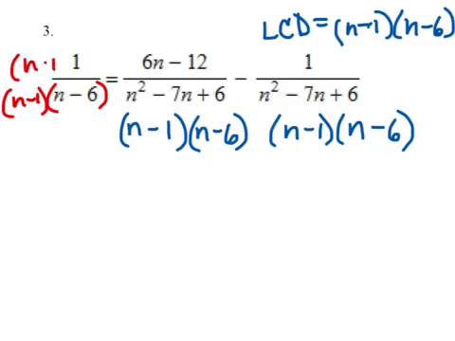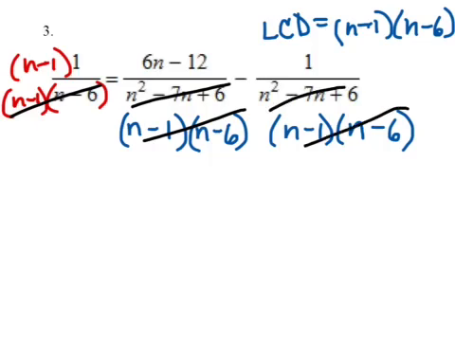Now that we have like denominators in all of our expressions, we may now cancel this denominator. Cancel. This was canceled because it was factored. This cancels.